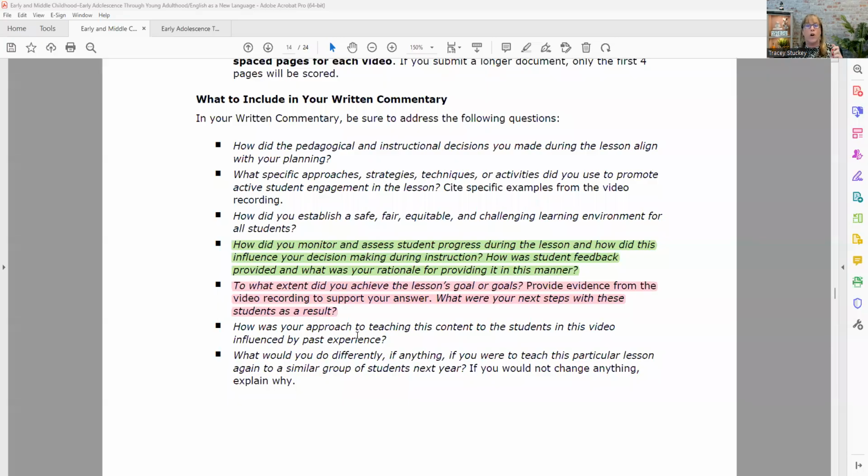So what I've put up here is your written commentary for component 3. We're down at bullets 4 and 5, where we are really looking at this idea of monitoring and assessing student progress during your lesson. It should be obvious inside of your videos that you are doing some type of monitoring and assessing.